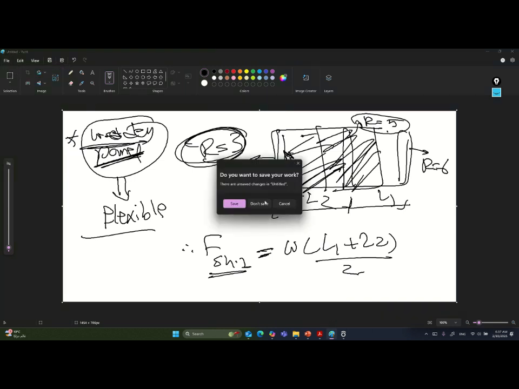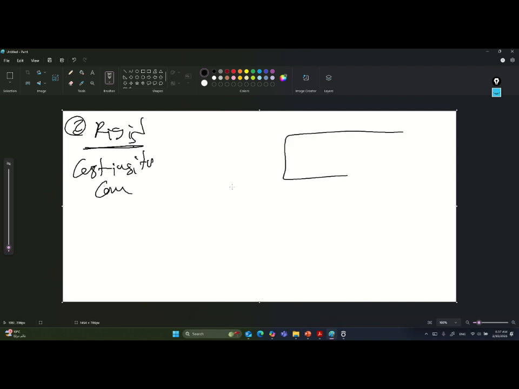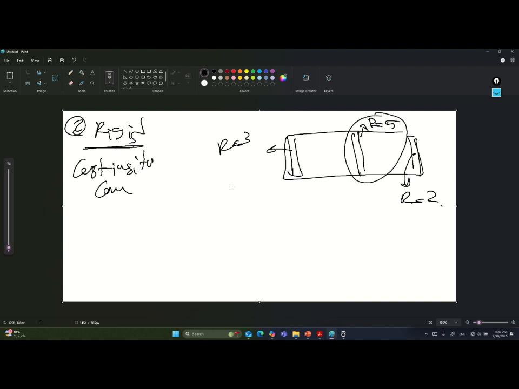Now for the case of rigidity, in case 2 I have a rigid structure. As I told you, he will not say I have a rigid cast in situ, maybe concrete and so on, but a rigid slab, and he will give you shear walls here. So I have a rigidity R equal to 3, this one equal to 5, that one maybe equal to 2. He tells you to calculate the base shear at this one, and he gives me the lateral force.